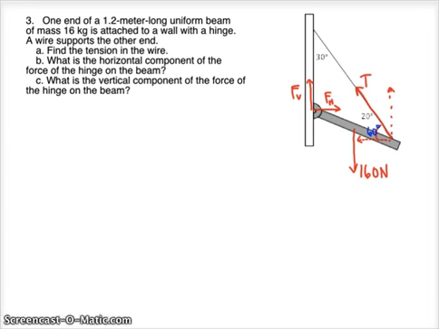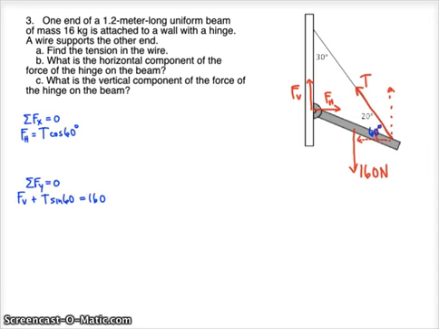If we look in the x direction, we can see that the horizontal component of the hinge force, F sub h, is going to have to exactly equal the horizontal component of the tension. So T times the cosine of 60 will equal the F sub h that I've labeled here. Something else then that we can look at is the y direction.